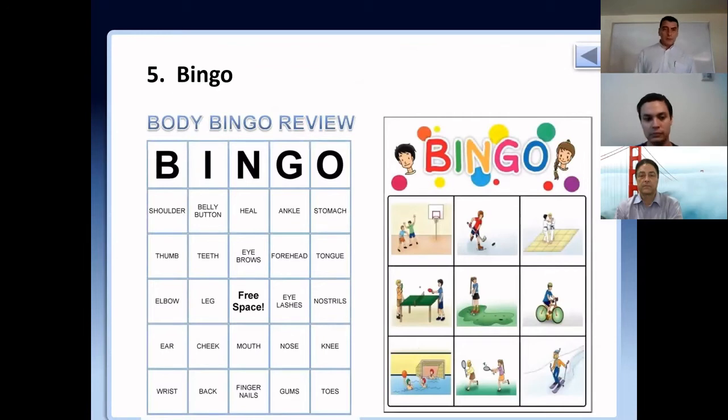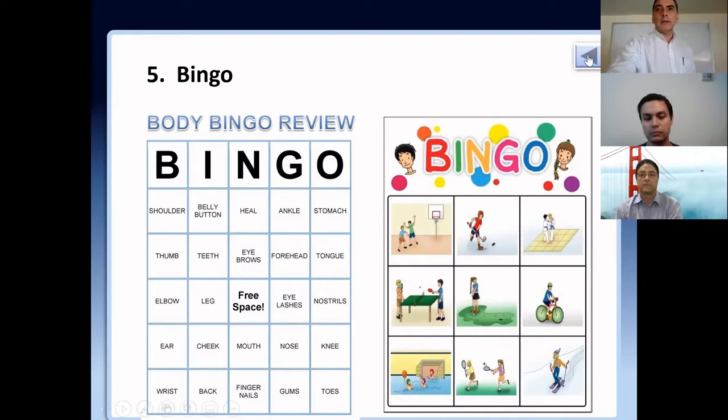The one on the left has text in the boxes, the one on the right has pictures. If you are going to have a bingo exercise, it's probably better to have a 3x3 grid, because 5x5, the usual bingo grid, might take quite a long time before you get a winner. Bearing in mind that you have only a finite lesson duration, that might take too long.